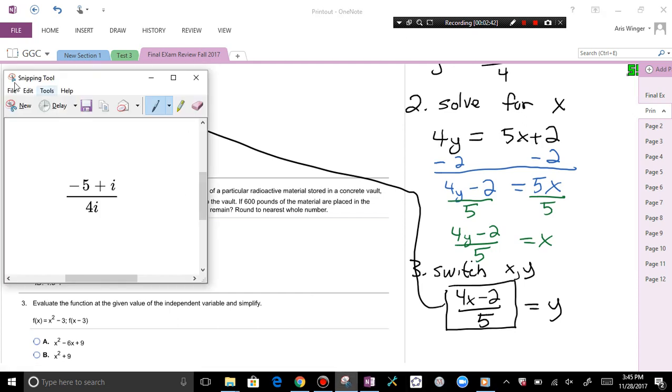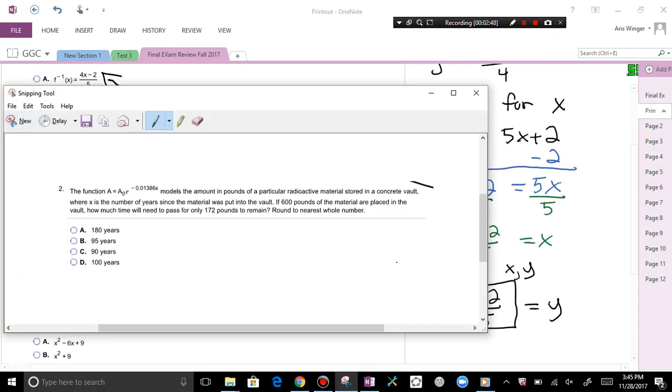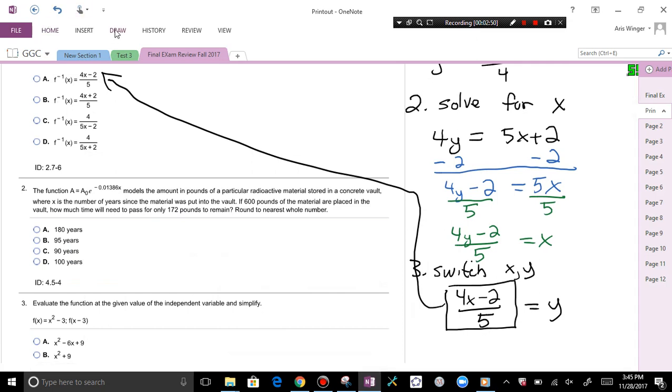I'm going to copy this problem because we'll do this one in a second. The other thing I'm going to let you know is that for this particular document, I have given the ID number in the study plan so that you can go and practice problems like this. 2.7-6, I don't know what the student view is, but it does mean chapter 2, section 7, and I think 6 means it's the 6th problem.